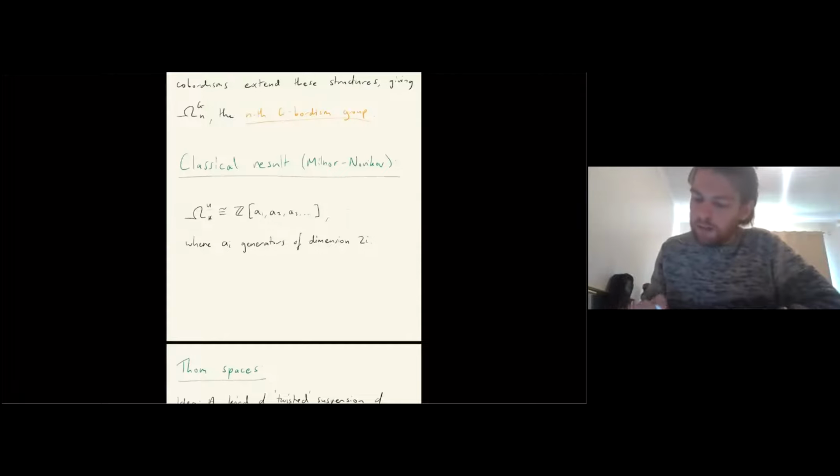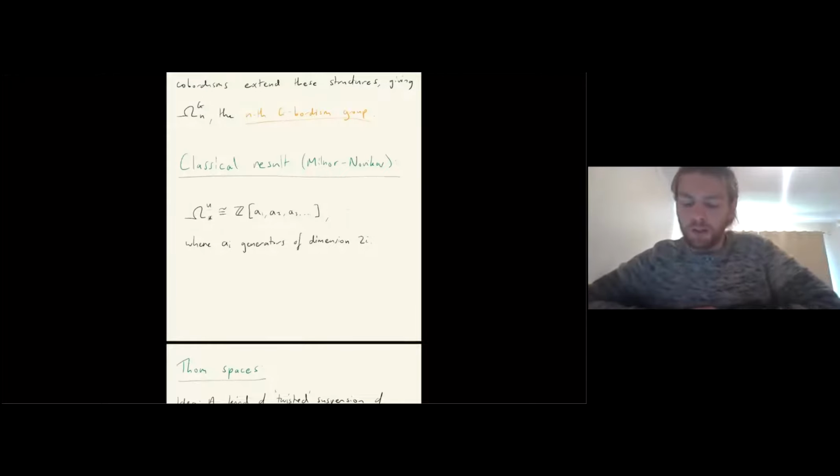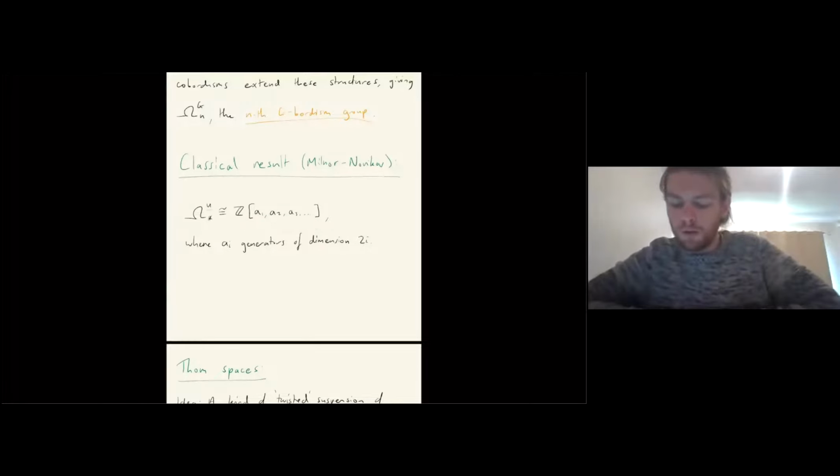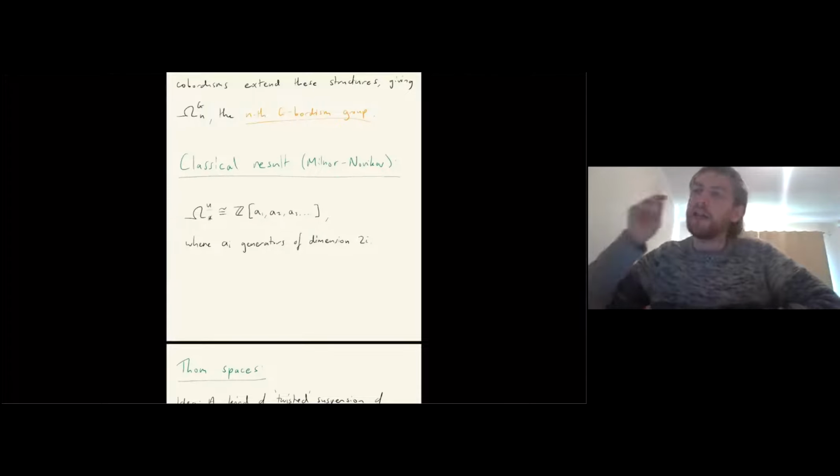And so I guess the classical result is this Milnor-Novikov calculation of the complex cobordism ring. And it turns out to just be a polynomial ring over the integers with generators in even dimensions.